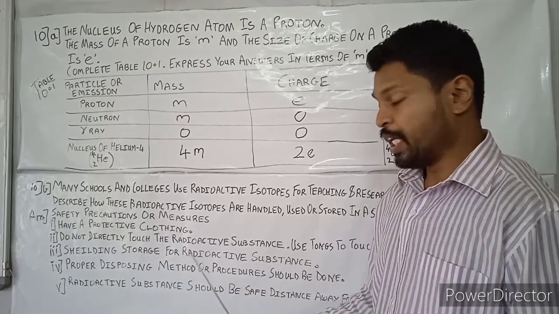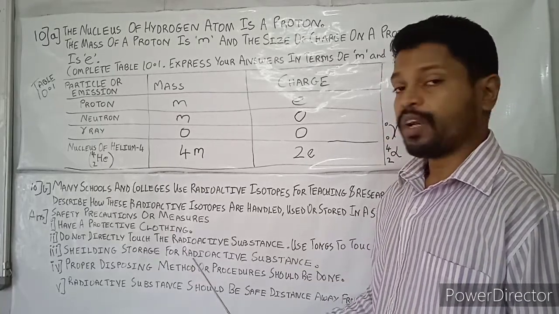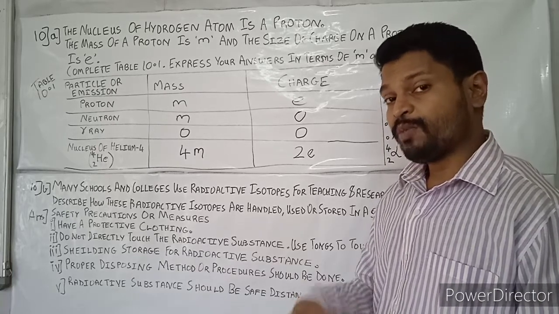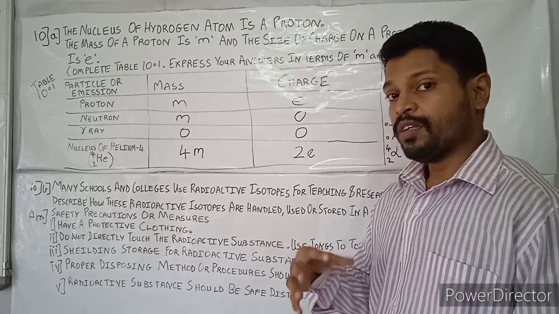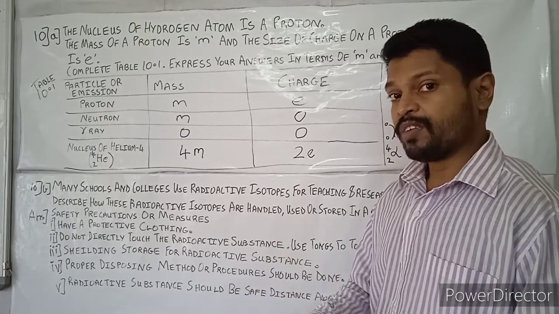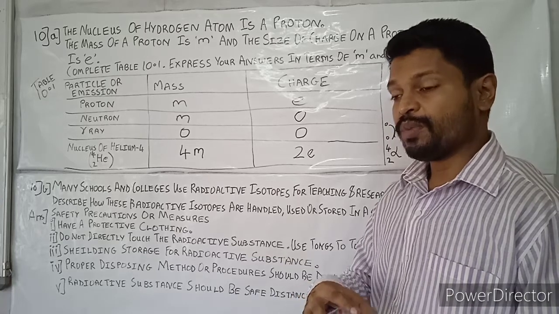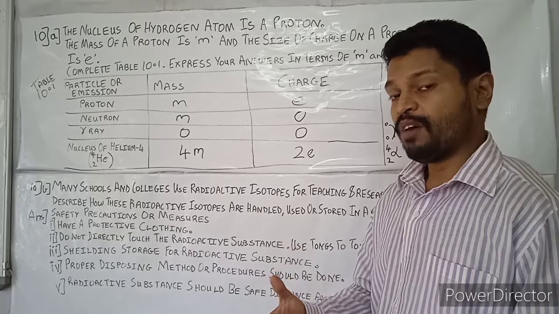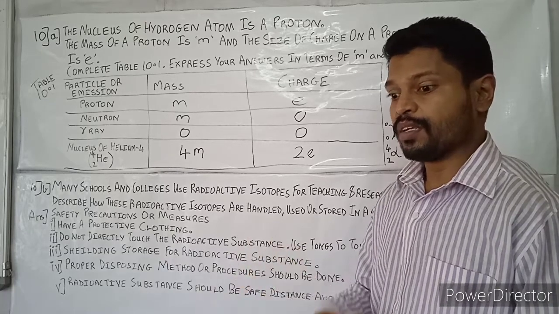Third point is shielded storage for radioactive substances. The radioactive substance should always be stored in a lead covering, so that the harmful rays do not go outside and are not harmful for other people nearby.